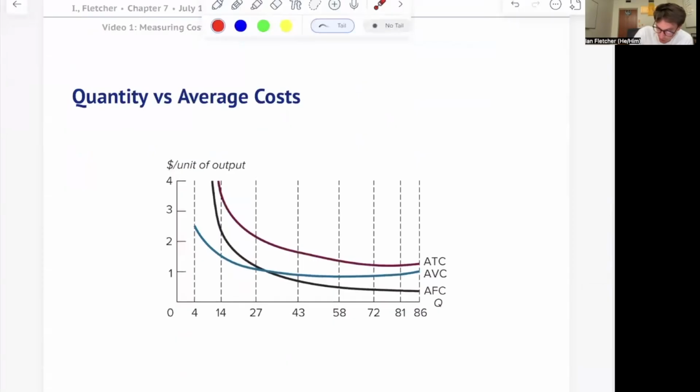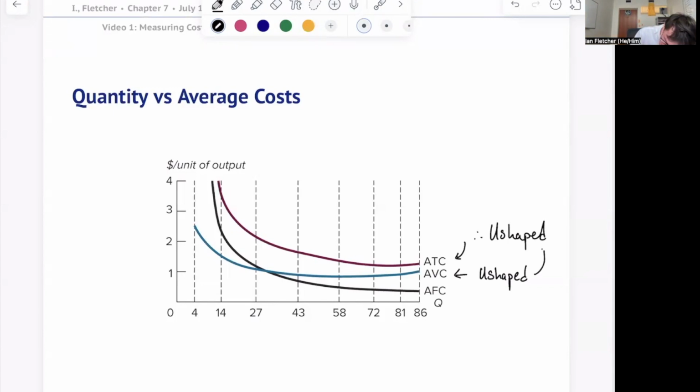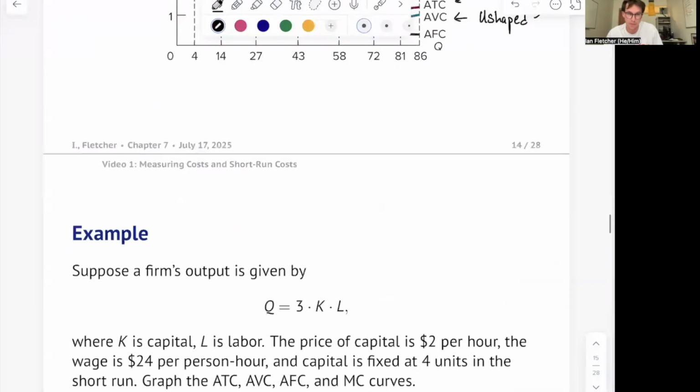So this is going to be our U-shape. And since our ATC is just our AVC plus our AFC, so our variable costs plus our fixed cost, this also has to be U-shaped. And this is just more of a zoomed in picture of the thing that we just jumped up to.